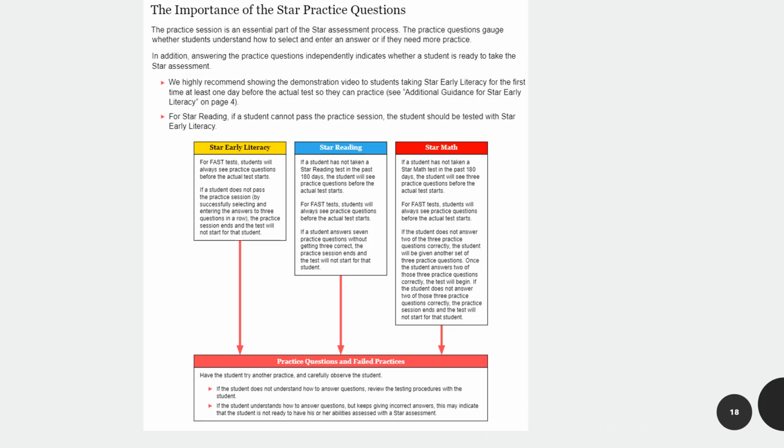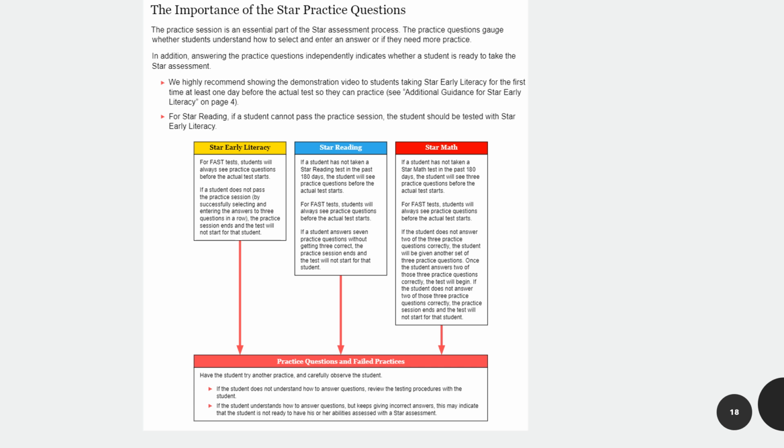Teachers, as students are accessing the test, they will encounter STAR practice questions. Please do not provide assistance or the correct answer when completing practice questions. If the student doesn't understand how to answer questions, review the testing procedures with the student.